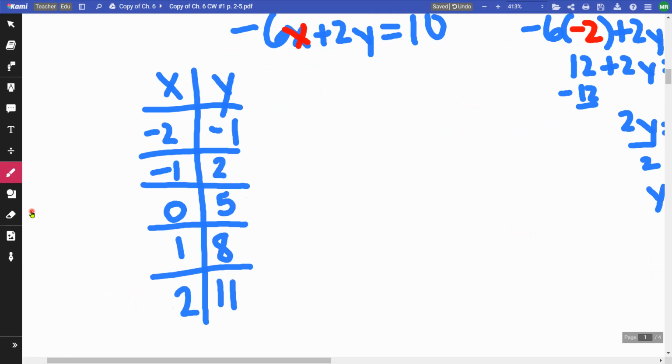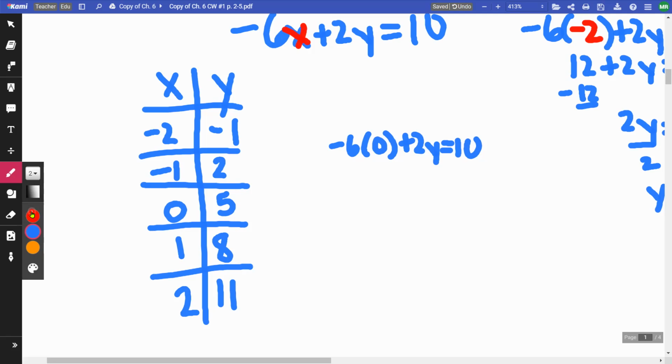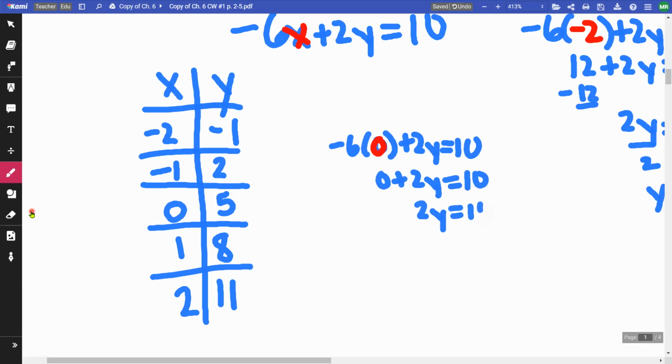If I was doing -6 times 0 plus 2y equals 10, and again, I put in my 0 in place of my x, -6 times 0 is 0, plus 2y equals 10. So that is just 2y equals 10. I divide both sides by 2 and I get y equals 5.